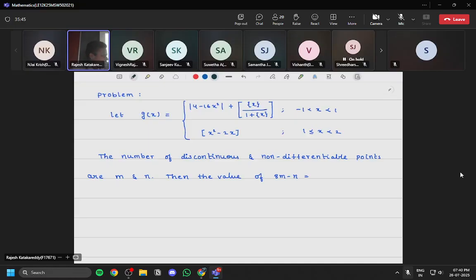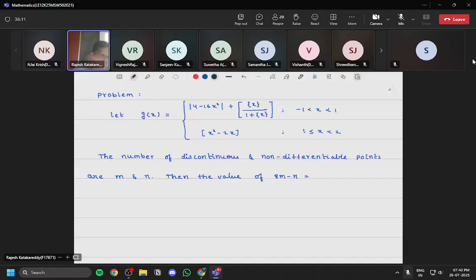So Deepan Raj, they didn't give an interval. So what will we take? They didn't mention it. Before this problem they have given minus 1 to 4 closed, minus 1 to 4 open. What will be the interval in this? Minus 1 to 2.